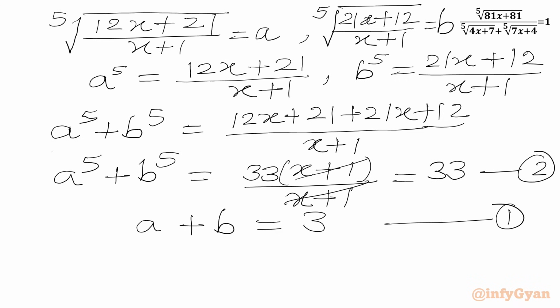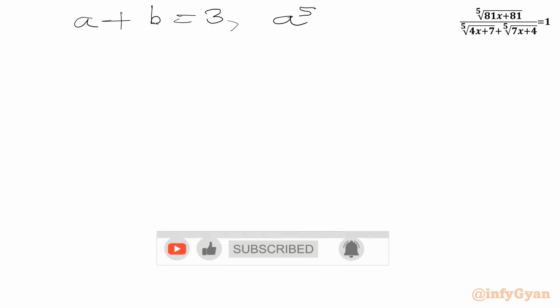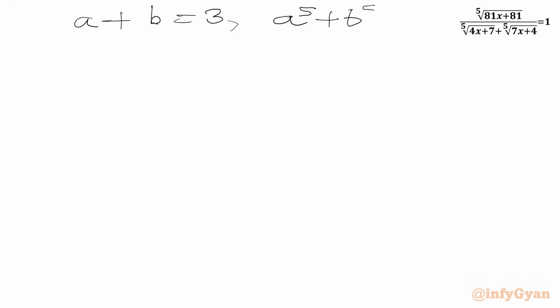Now we have two equations, a plus b equal to 3 and a power 5 plus b power 5 equal to 33. Now we have to solve this new system of equations for the values of a and b. So I am going to use binomial expansion and Pascal triangle. So a plus b was 3, a power 5 plus b power 5 was 33, and we are going to expand a plus b whole power 5.